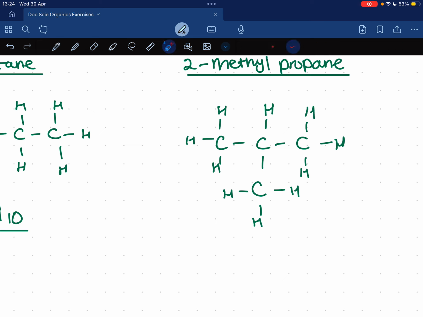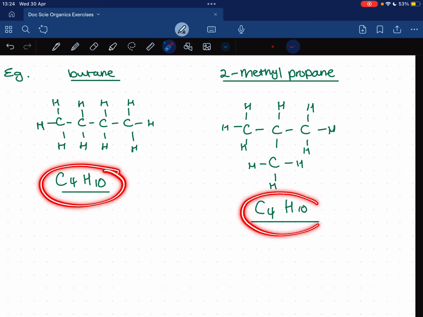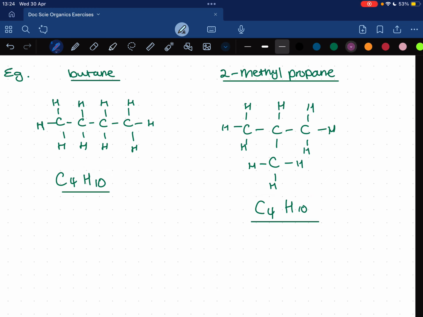We double check: 1, 2, 3, 4 carbons and 1, 2, 3, 4, 5, 6, 7, 8, 9, 10 hydrogens. So that's why these are isomers, because they have the same molecular formula. So notice that these two are the same.